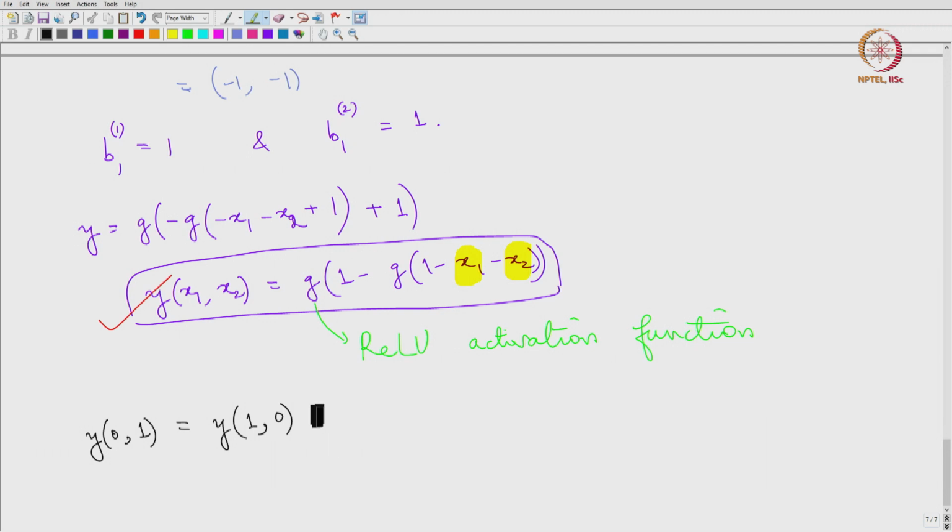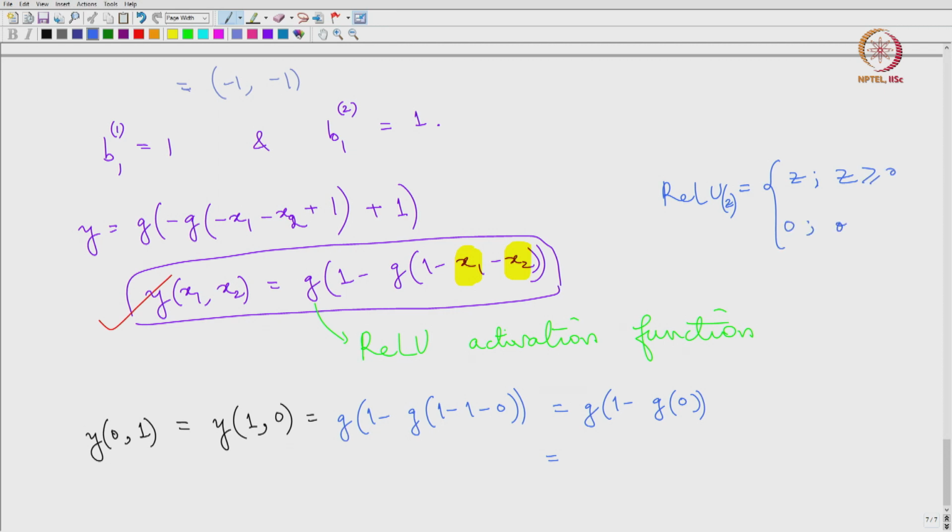So, if we plug in the numbers here, let us see what happens. This will be g of 1 minus g of 1 minus 1 minus 0, okay. So that will be g of 1 minus g of 0. And you know that the ReLU activation function, which I had already written here, is z if z is greater than or equal to 0 and it is 0 otherwise.